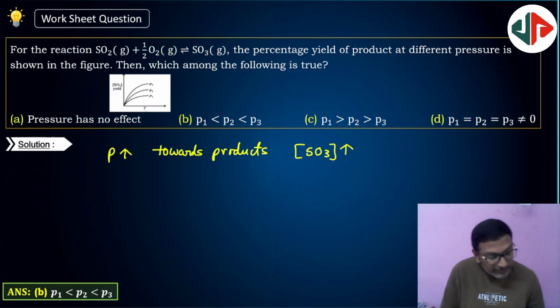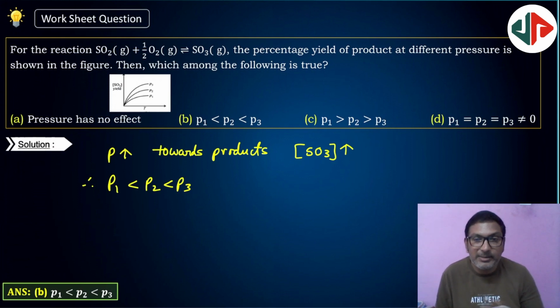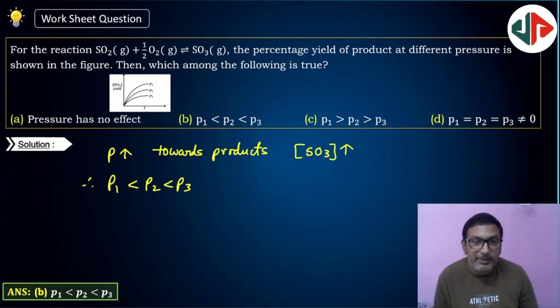So the pressure should be in this order: P1, P2, P3 clearly. As the pressure increases, equilibrium moves towards the lower number of moles. Lower number of moles are present at SO3. Therefore it moves forward towards products. That means simply as the pressure increases, SO3 concentration increases. So P3 should be highest, P1 least. Option B.